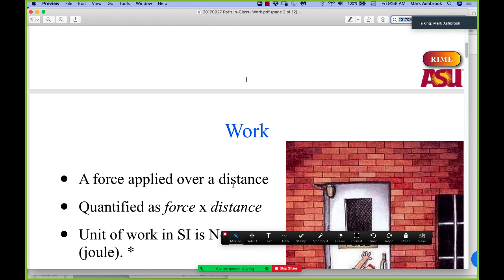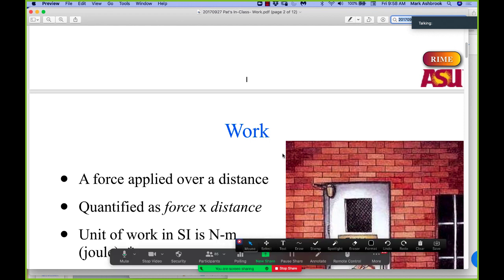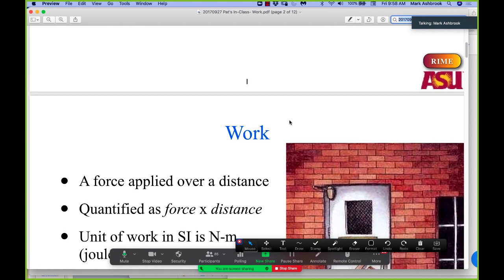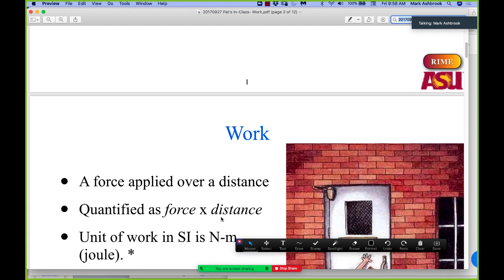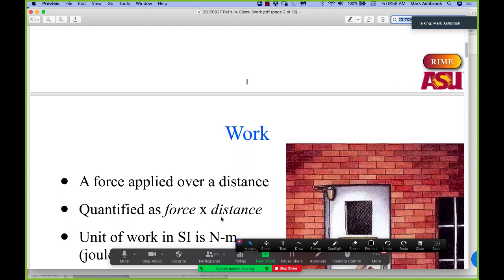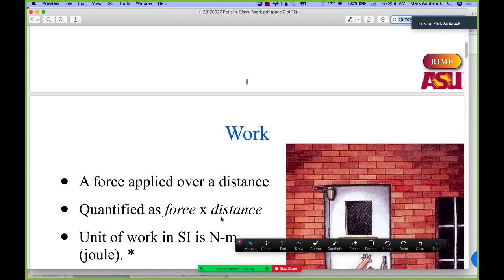So work is a physical quantity, and it's the force applied over a distance. It's quantified as force times distance. Force times distance is the very core calculation that gets you the amount of work.